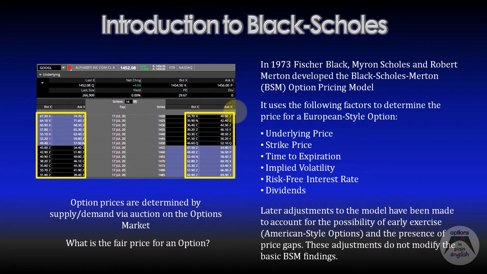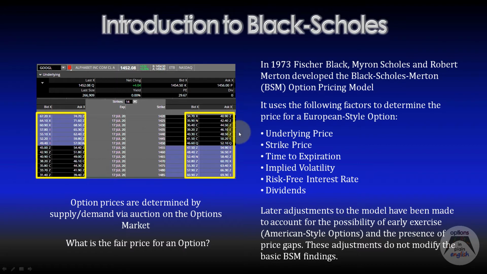It has some shortcomings, and we're going to talk about those as well. But all in all, it's a very good way to get a feel, or a very good approximation, for what the price of an option will be. Now, if the market is very liquid, those prices are going to approach the theoretical prices and get very close to them.